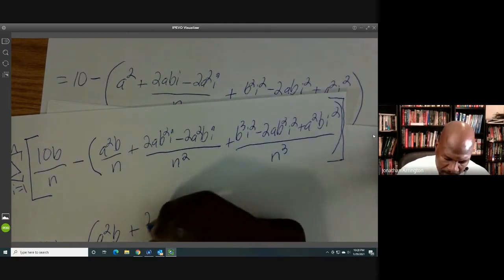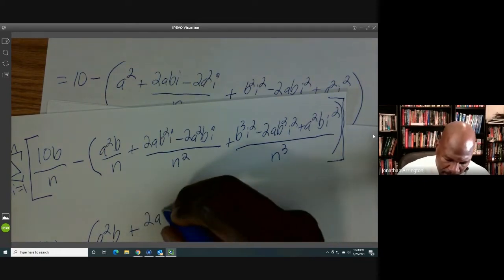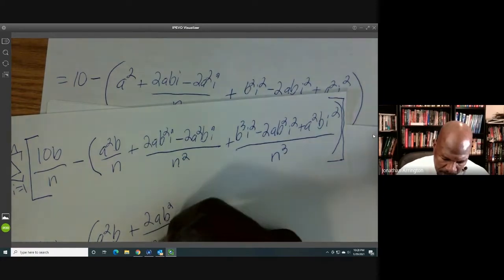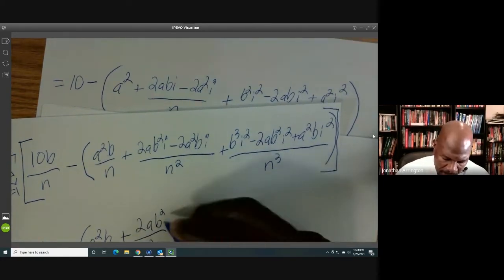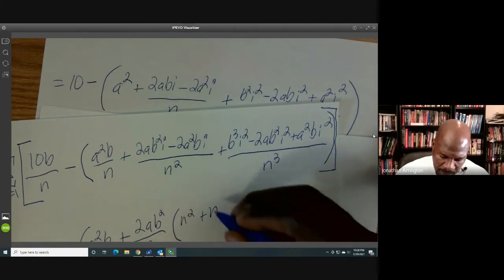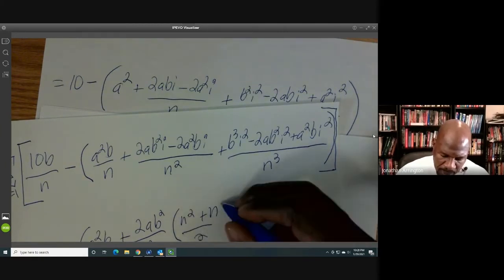Plus 2ab squared over n squared times n squared plus n over 2.